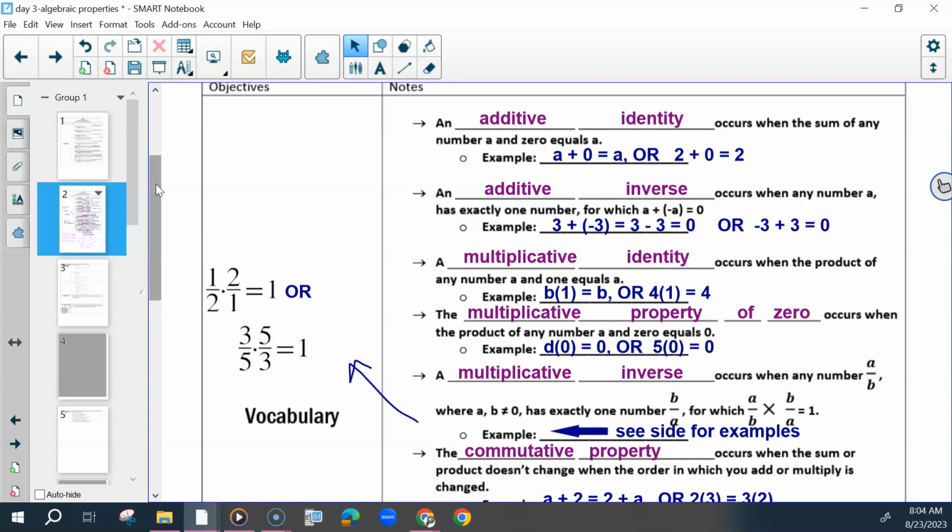A multiplicative inverse occurs when any number a over b, where a and b do not equal 0, has exactly one number b over a, for which a over b times b over a equals 1.